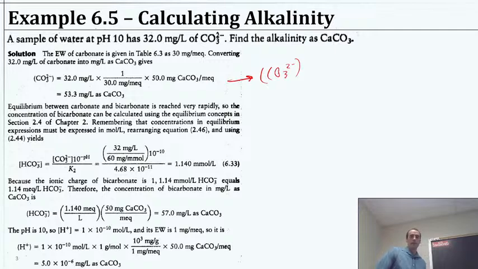Okay, so then it says the equilibrium is reached very rapidly between CO3 2 minus and bicarbonate, HCO3 minus. So we've talked about that, and it's using this equation that we were talking about.